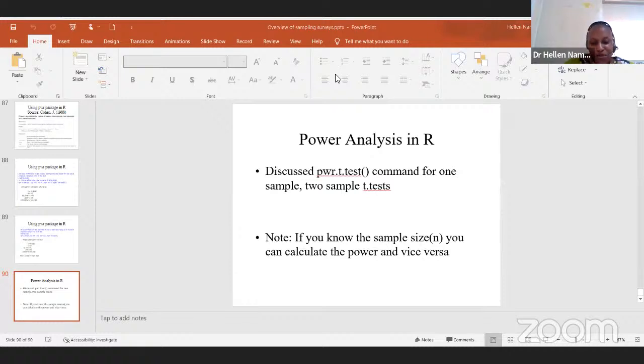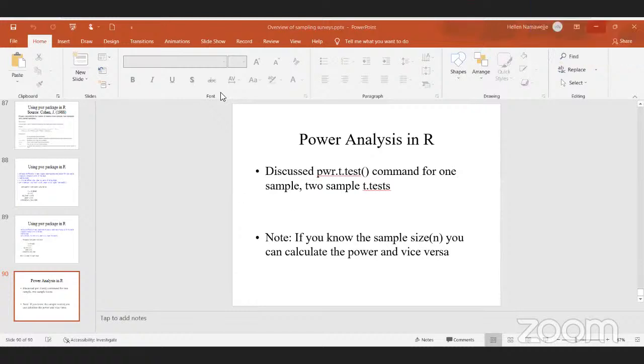Okay, let's resume at 12:45, and then we'll go directly into R and see how we determine the sample size.